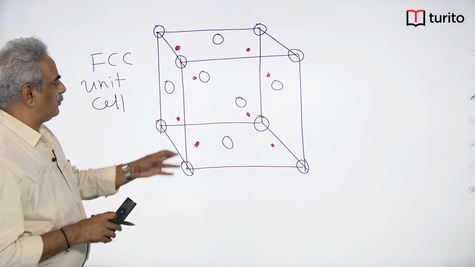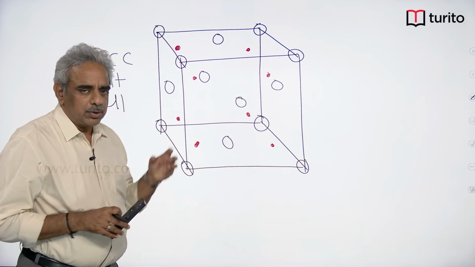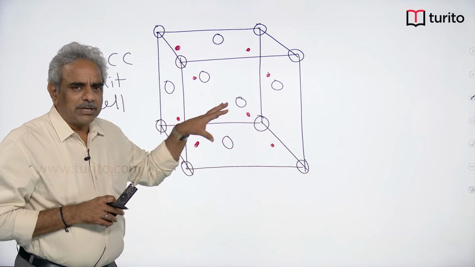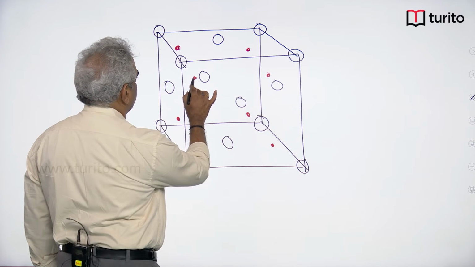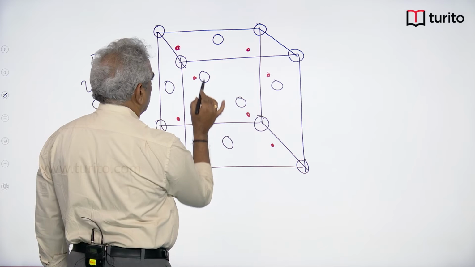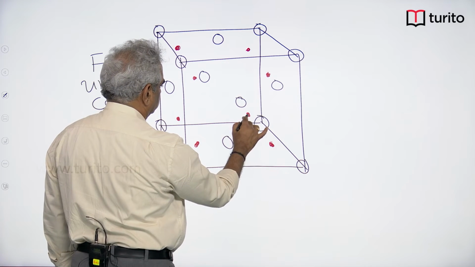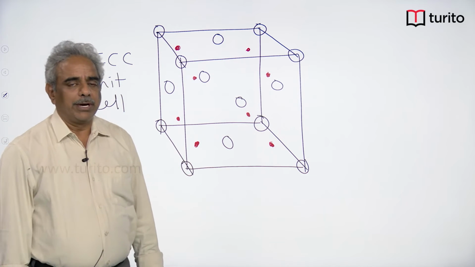As I told you, if you connect all those red spots, you can get one more cube inside, a cubical arrangement. That is just for locating the tetrahedral voids. How many tetrahedral voids do you have? 4 on top, 4 at bottom. The red colored are tetrahedral voids.